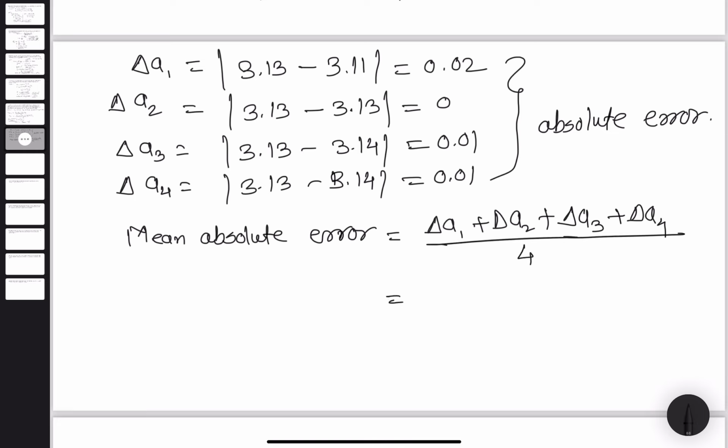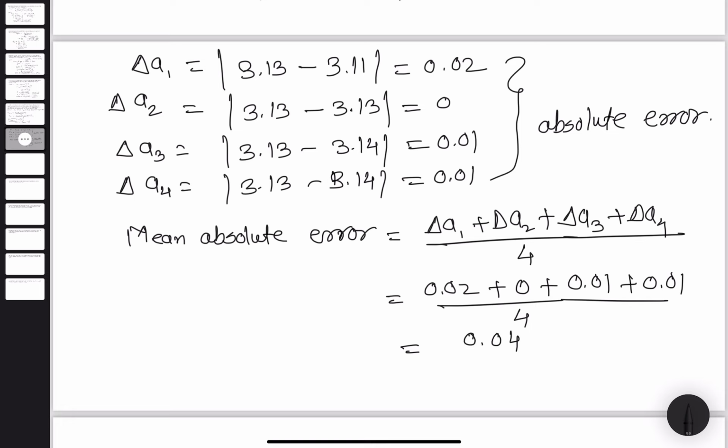So we have delta a1 is 0.02, delta a2 is 0, plus delta a3 is 0.01, plus delta a4 is 0.01, divided by 4. If we add this value, we will get 0.04 divided by 4. That will be 0.01 centimeter.